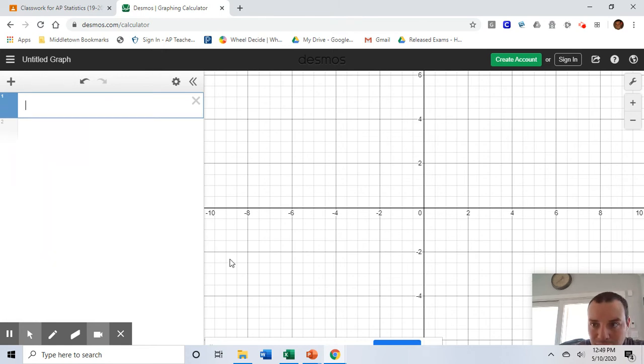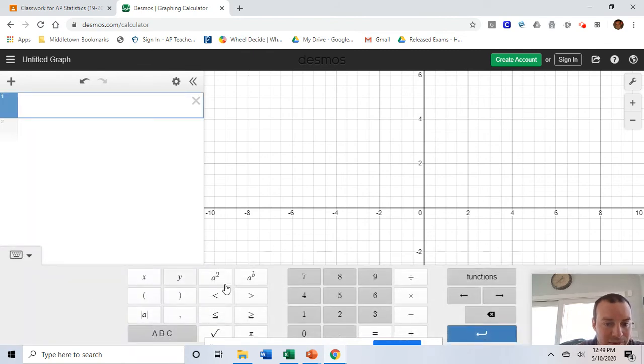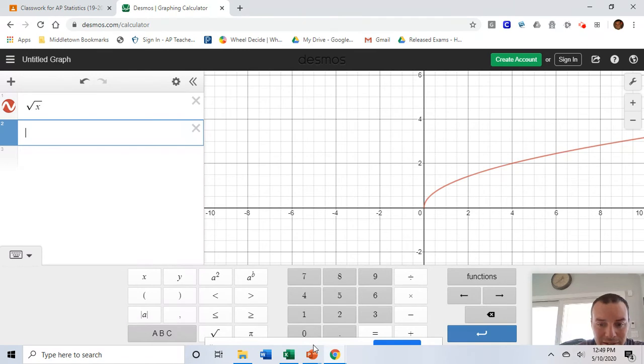There we go. So we've got square root of x as our parent function, and then we had negative square root of x - 2 as our new function. So you can see, guys, this was a reflection over the x-axis, and it moved to the right 2 units. Now we can see our two graphs together on the same coordinate plane.